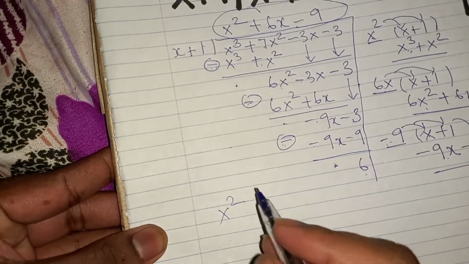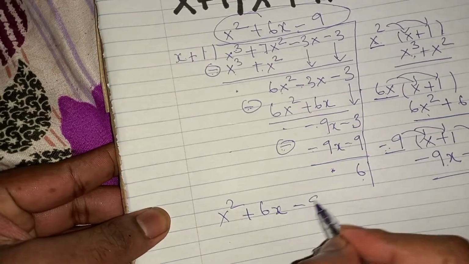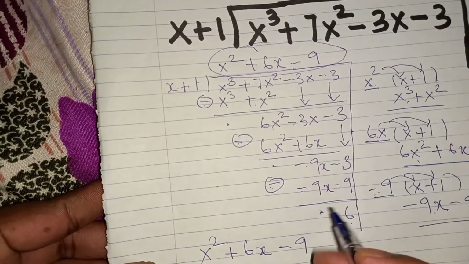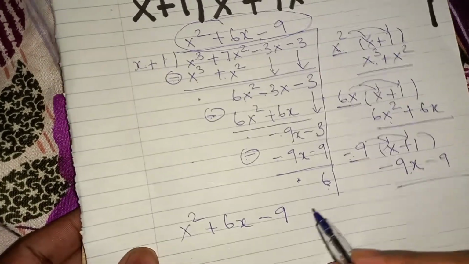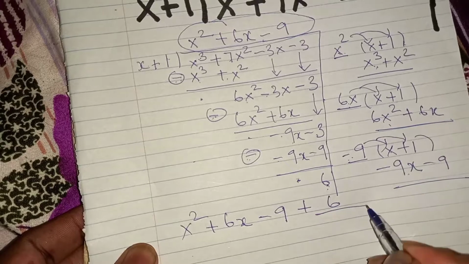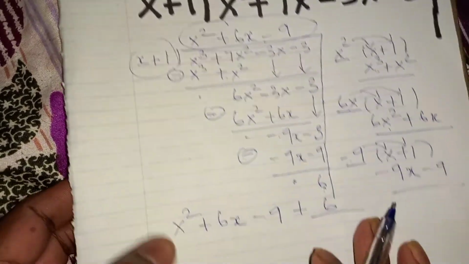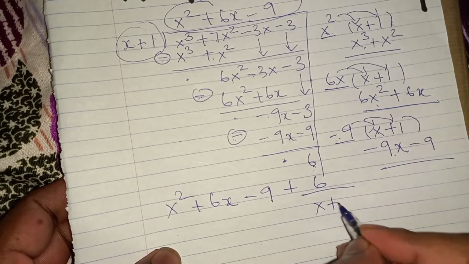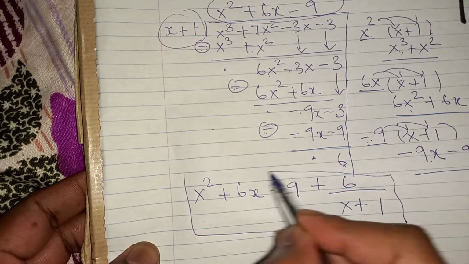So x squared plus 6x minus 9, and whatever we have as our remainder here, we add it to this, plus 6 over our factor here, x plus 1. So this is our final answer.